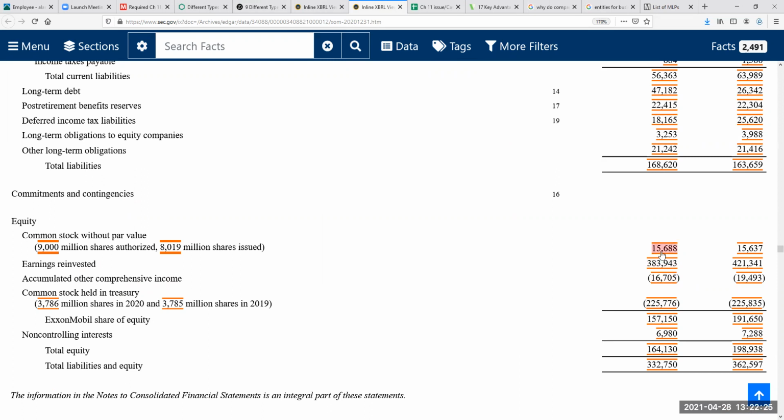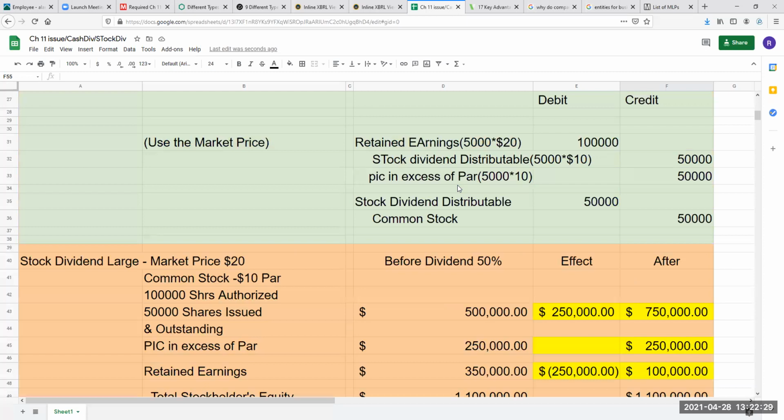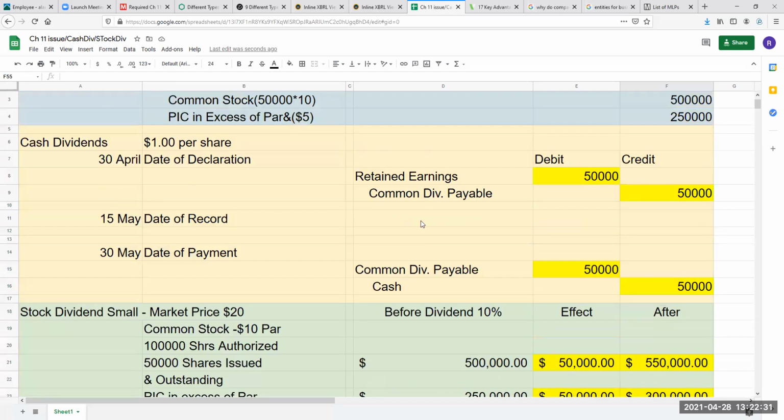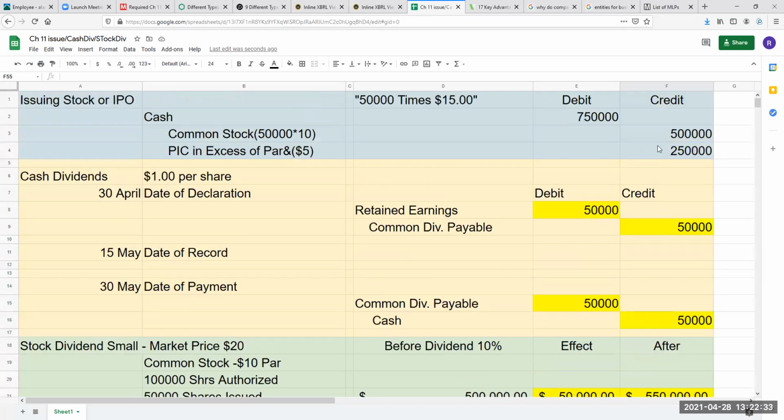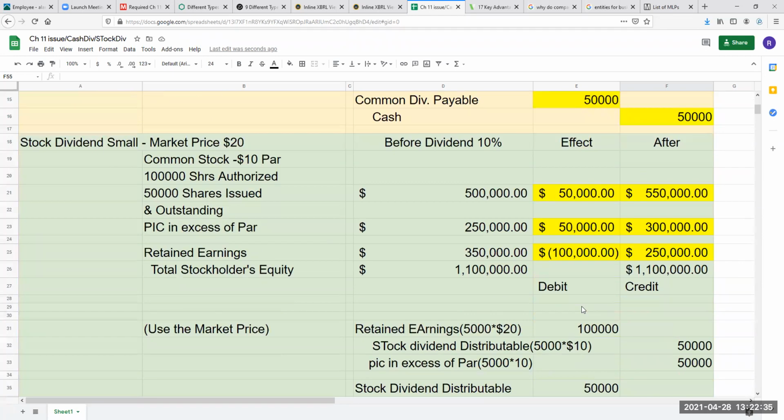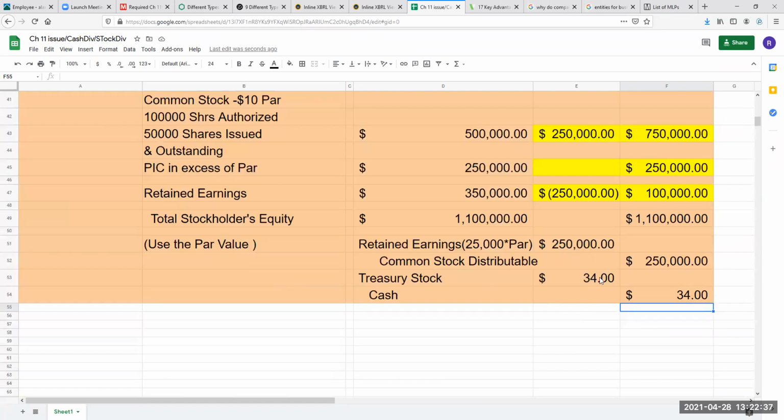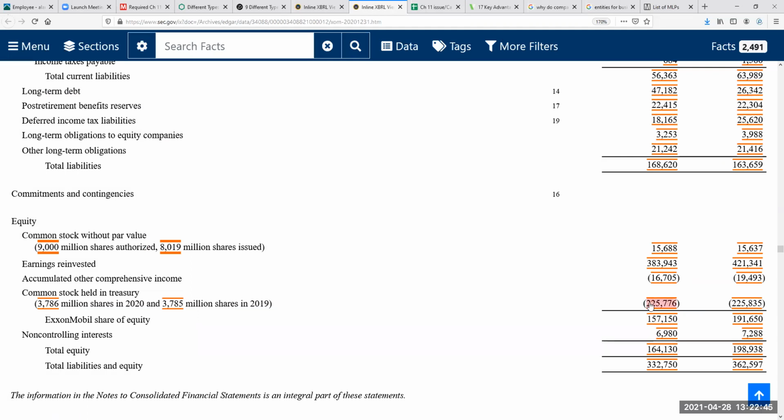Remember, cash, common stock is credited when you issue it, right up here. But treasury stock is buying it back. So it's held in treasury. It's not on the market out there in the world. You used your money to buy back. And Exxon has used 225 billion of its money to buy back stock.